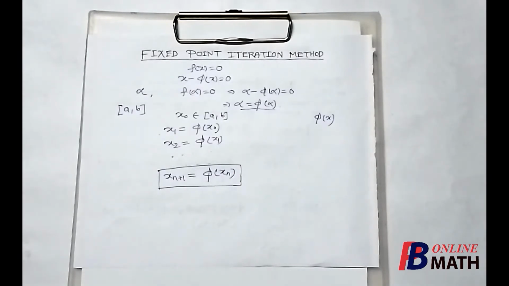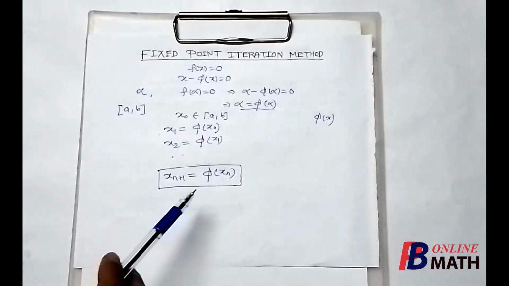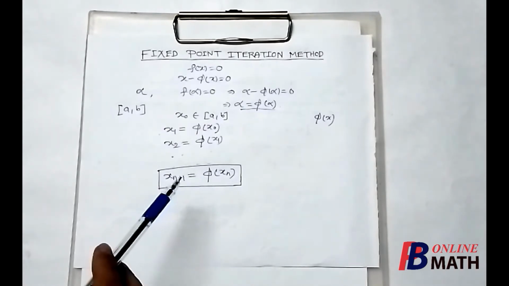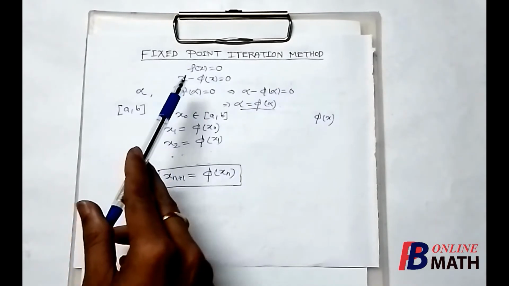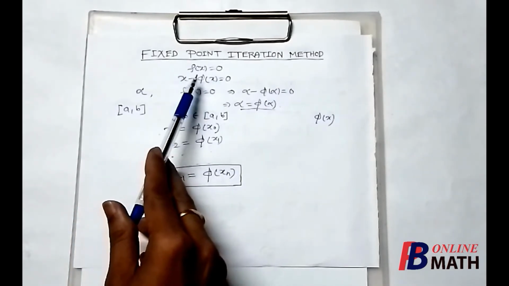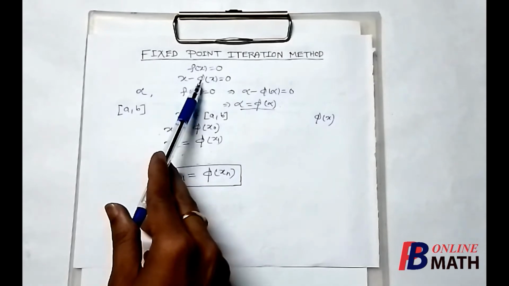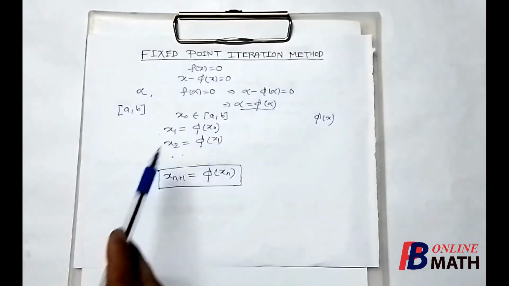Now in the previous part I said that the bisection method always converges. This method may or may not converge. That depends on the function phi(x), because from a given equation f(x) we can express it as x minus phi(x) equal to 0 in different ways.